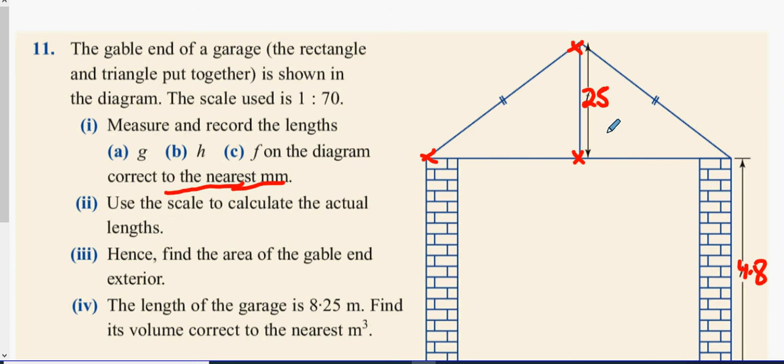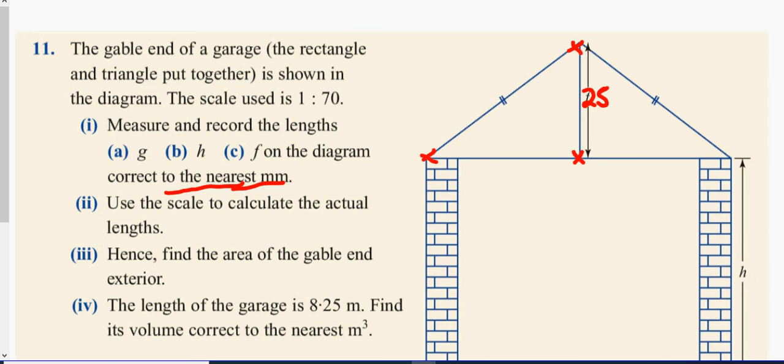Sorry, guys, I haven't got the book in front of me. When you measure that, you get 2.5 centimeters, don't you? Yeah. Does the question not clearly say, on the diagram, measure and record the length to the nearest millimeter? Correct. So it's 68.